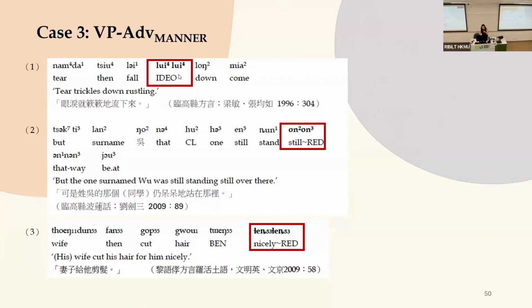And here you can see we have lui lui, that's an idiophone. You have on, which means still or stable, and in this case it means standing there still. And then you have this lang lang, so it's like cut his hair nicely, okay.